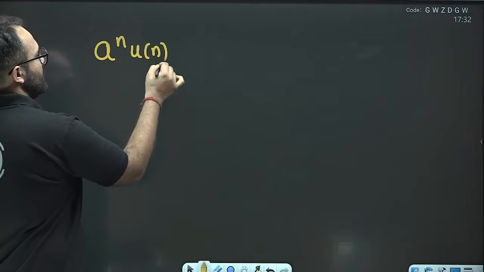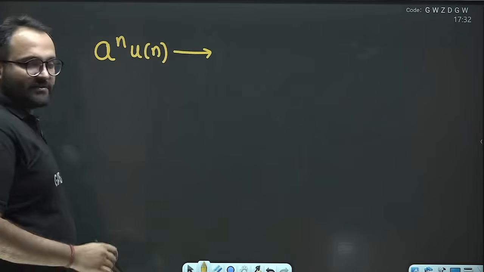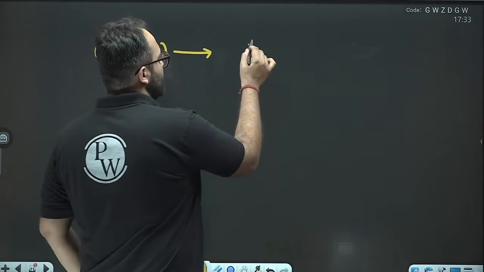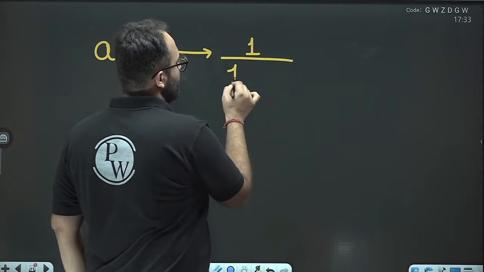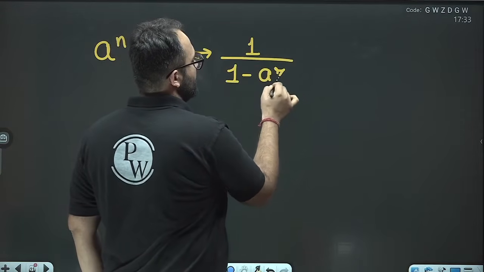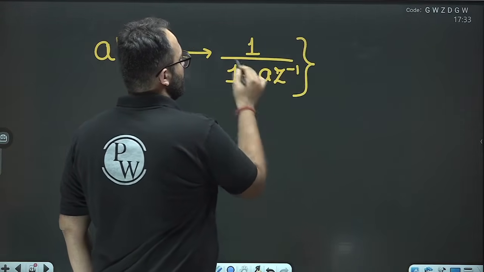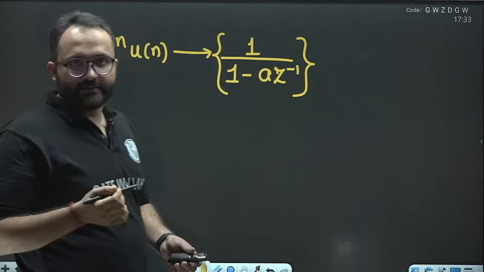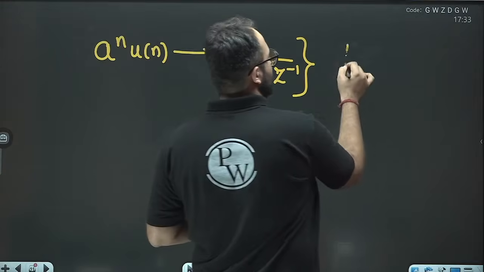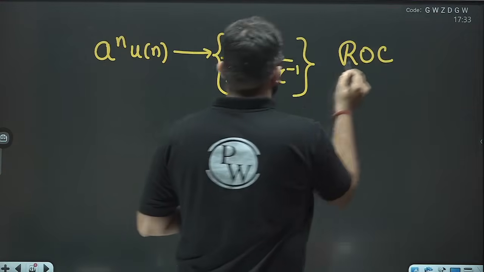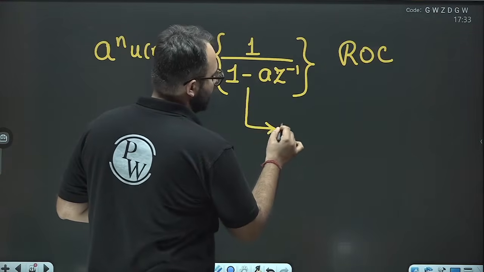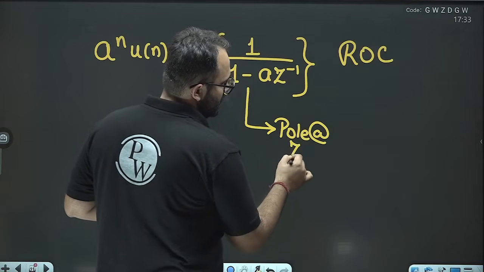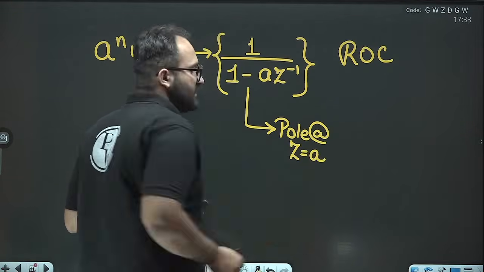If we look at the last two examples, we get that A to power n u[n] will have the Z transform 1 upon 1 minus A Z inverse. Okay, 1 upon 1 minus A Z inverse. And for the ROC, let us see the pole location. From here we can see that the pole is at Z equal to A.